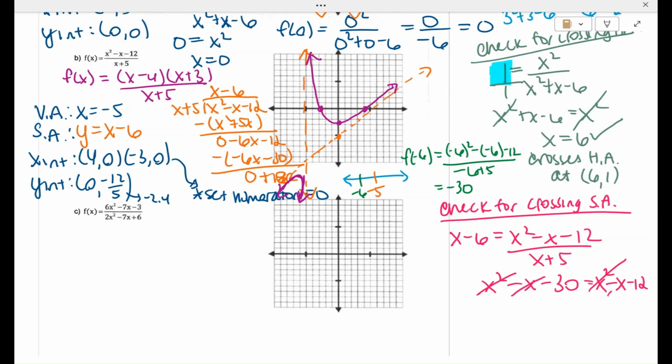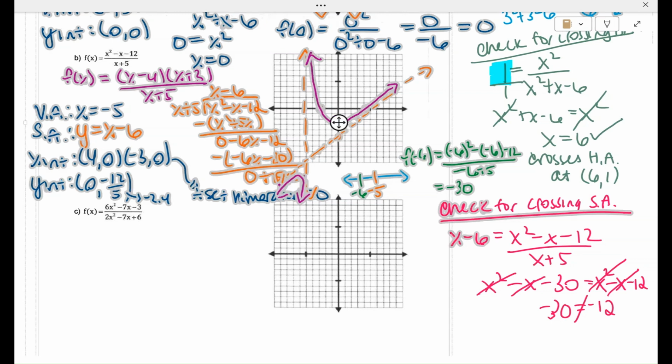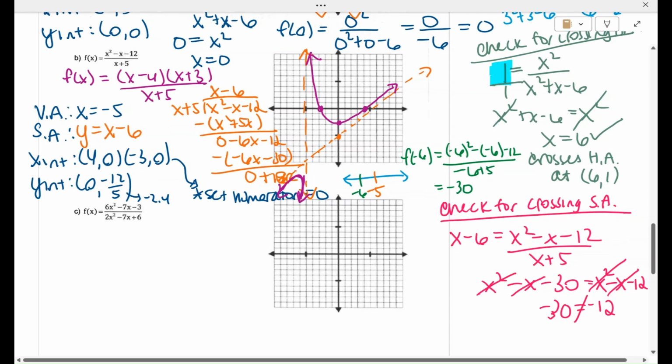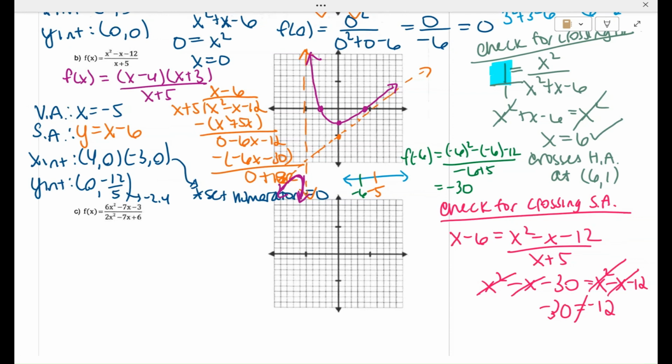The negative x's will cross out. And then what you get is negative 30 is equal to negative 12. And that's not right. That doesn't make sense. That's invalid. So therefore, when that happens, we know that it doesn't cross the slant asymptote. So we're good. We don't have to change our graph at all like what we did in part A.